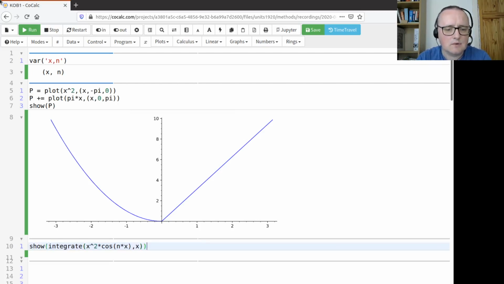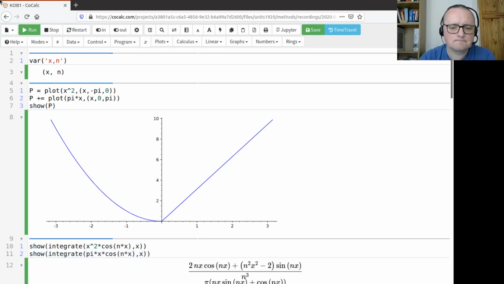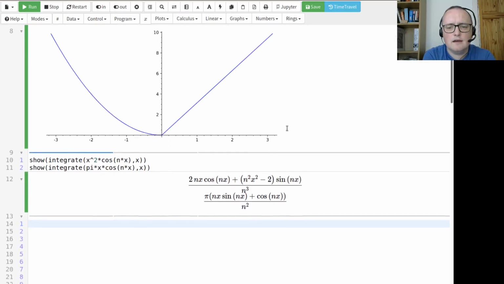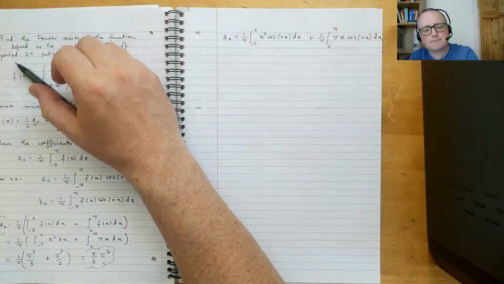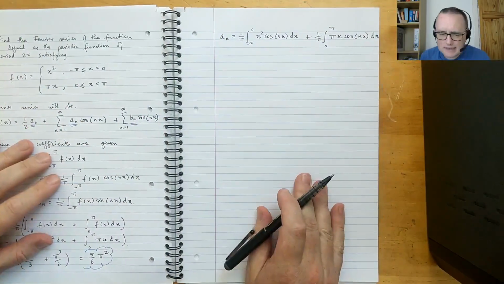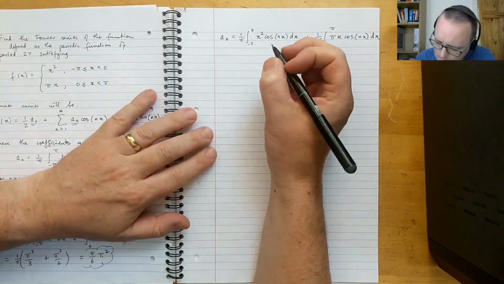And then the second one, I want to show the answer to integrating just x, or well, we had a pi inside there as well. Okay, so the computer shows me the two integrals there. So I'll return to my paper, and we'll put down the results of those two integrals.